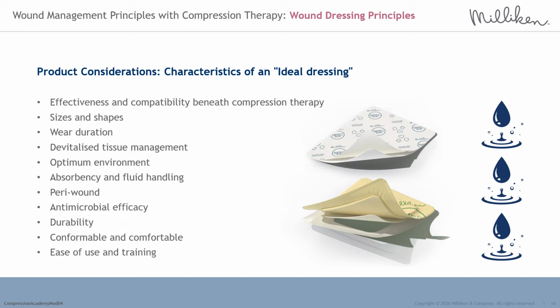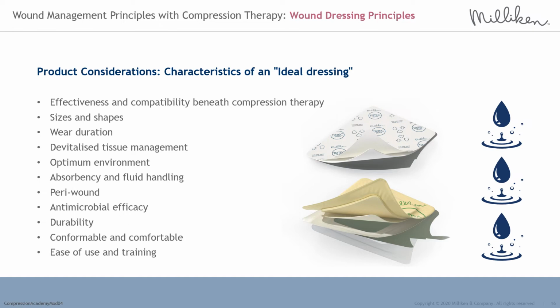Antimicrobial efficacy. We need antimicrobials that will manage local wound infections, that will have the ability to penetrate and eliminate biofilms, and prevention strategies for reinfection. We need our dressings during wear to not move beneath the compression or shred beneath the compression, not create hot spots which could then lead to further skin damage and pressure damage to the patient's skin beneath the compression.